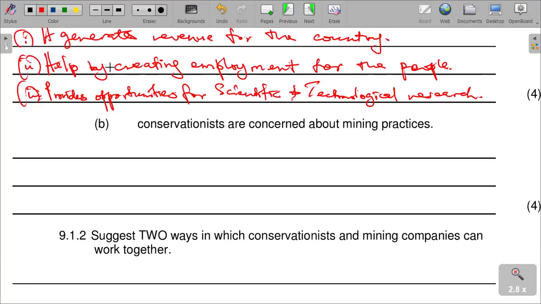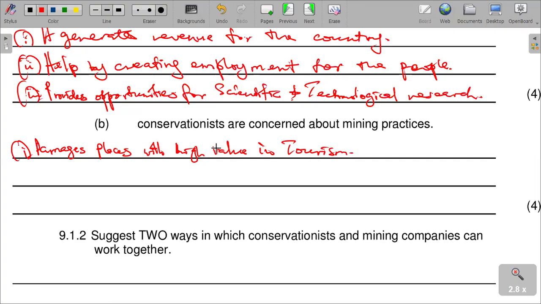One, it damages places or environments with high value in tourism. That can be a reason.